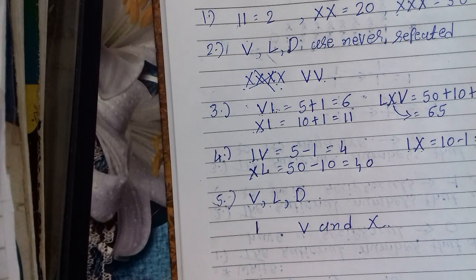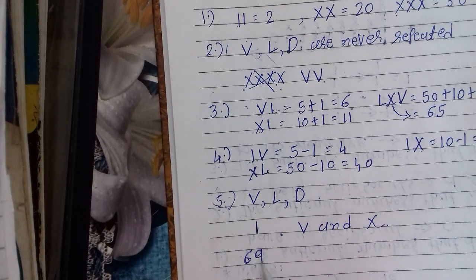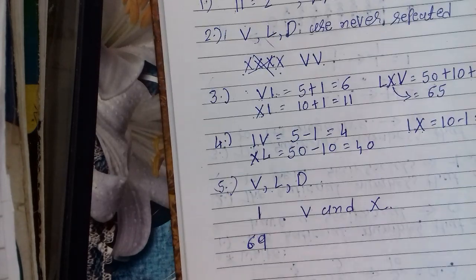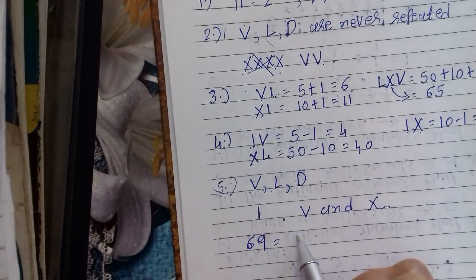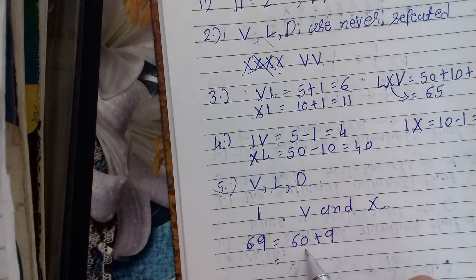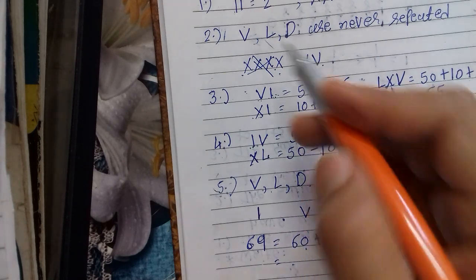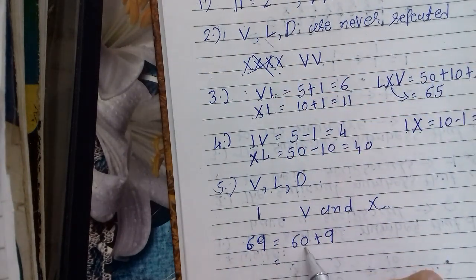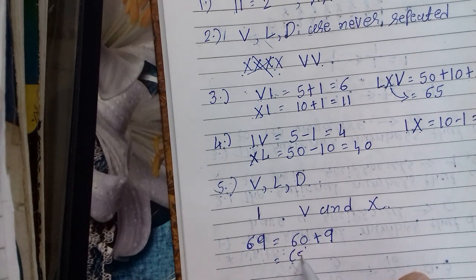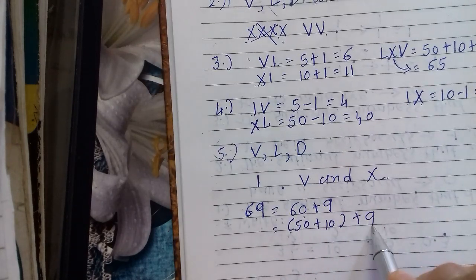So, try to write, suppose you write 69 in Roman numerals. You know, the round figure of 69 is 60 plus 9. How can you write 60? You know L is equal to 50. So once again 50 plus 10 plus 9.